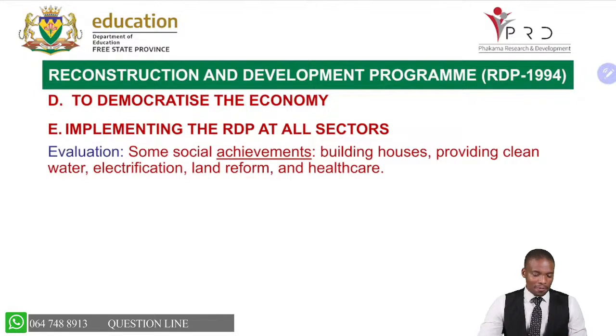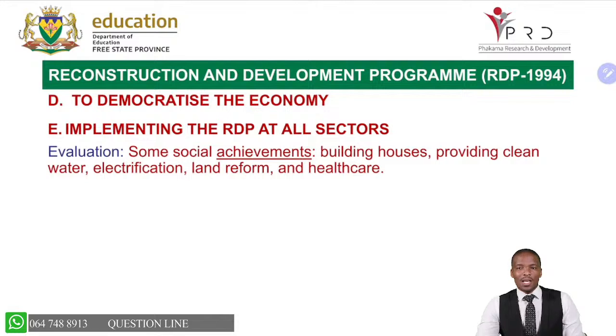Then evaluation now. If you look at all those pointers that we've mentioned, your duty as a grade 12 learner is to say, here's the policy that was established. Up to so far, has it been successful or has it not been successful? That's a question in an exam when we'll say to you, evaluate the reconstruction and development program policy in South Africa.